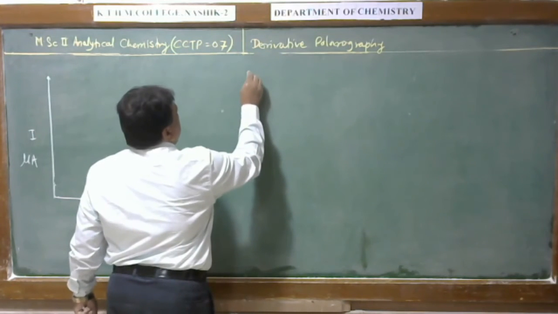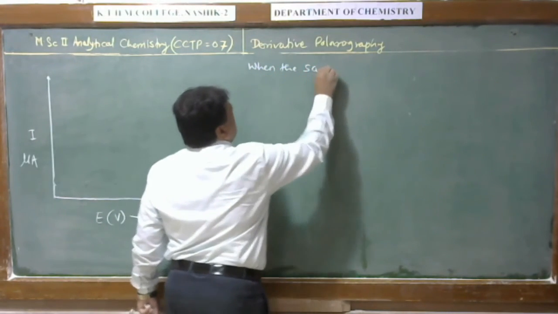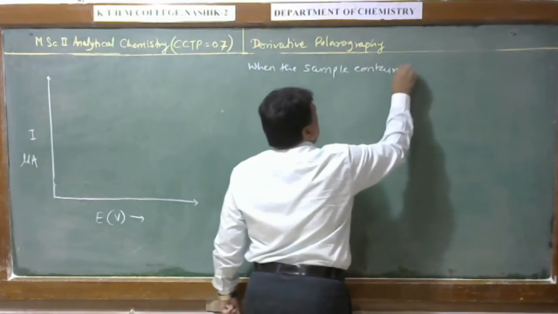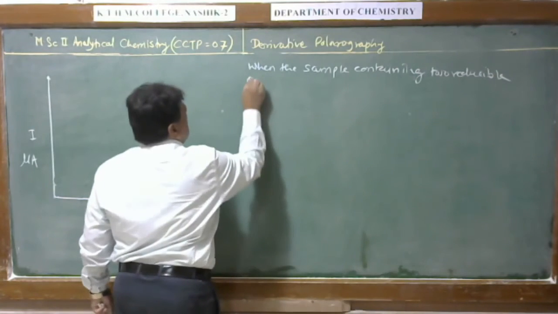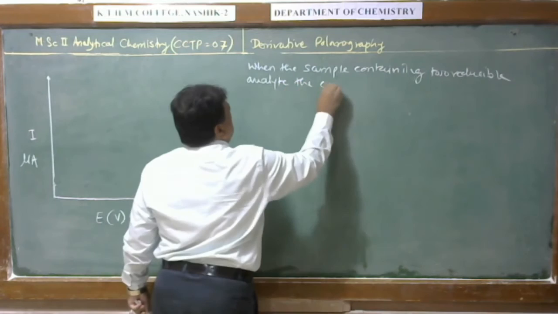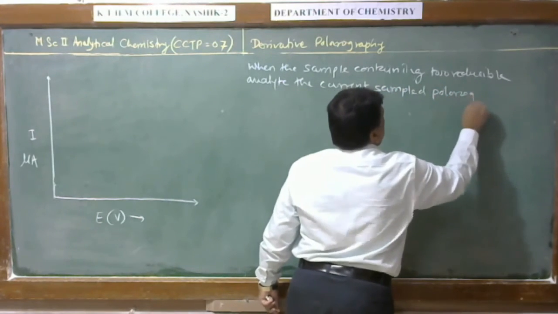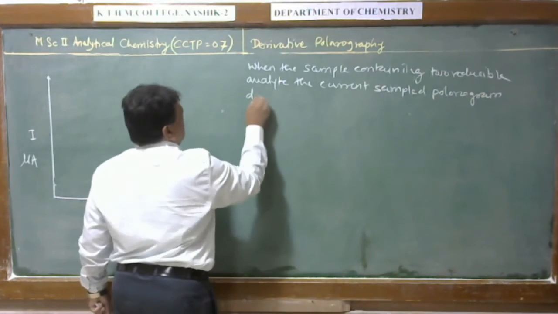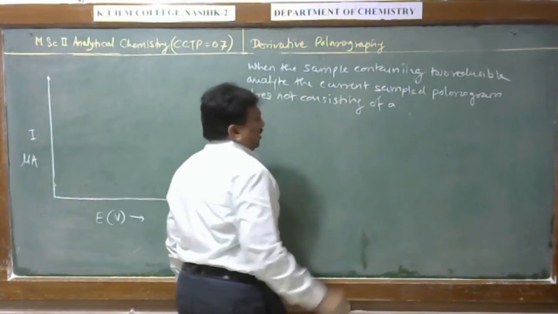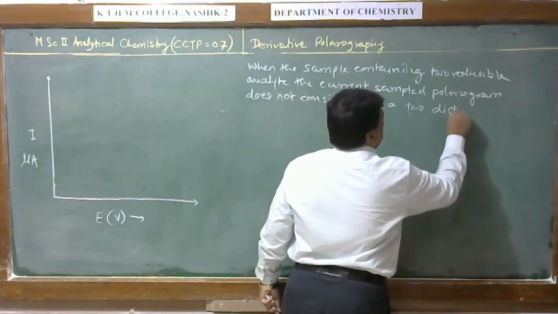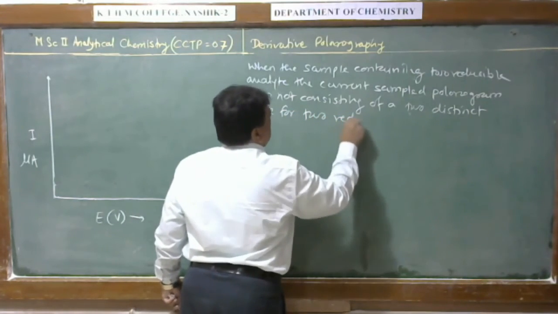Another advantage of this derivative polarogram is when the sample contains two reducible analytes, the current sample polarogram does not show two distinct waves for the two reducible analytes.